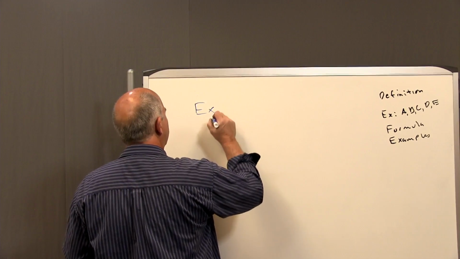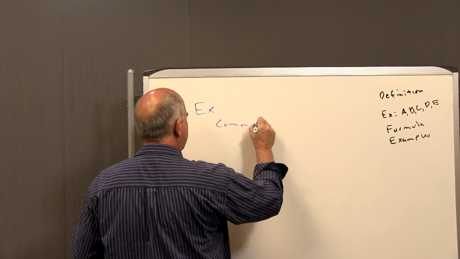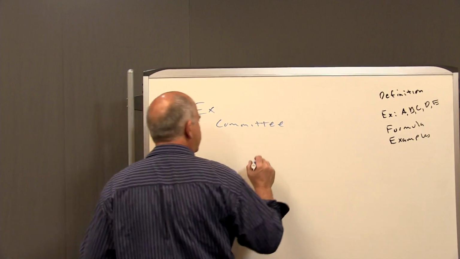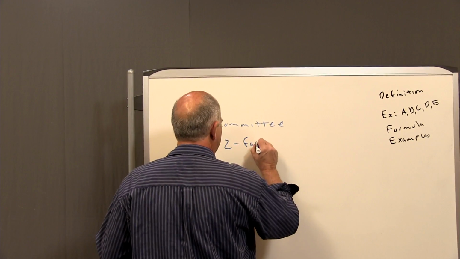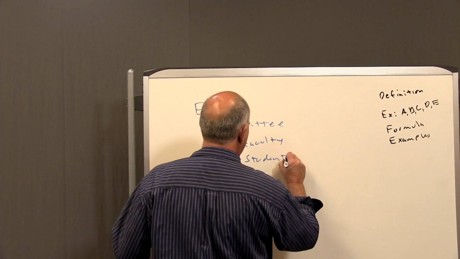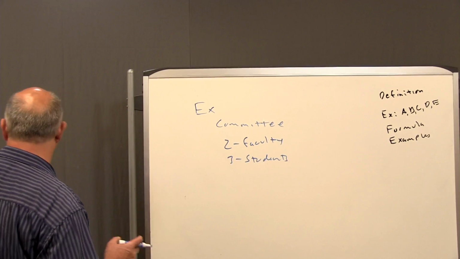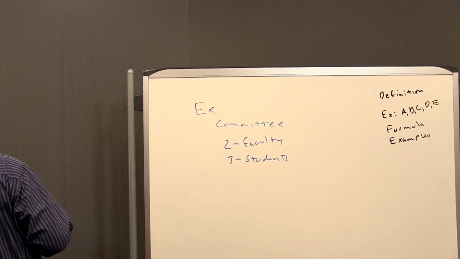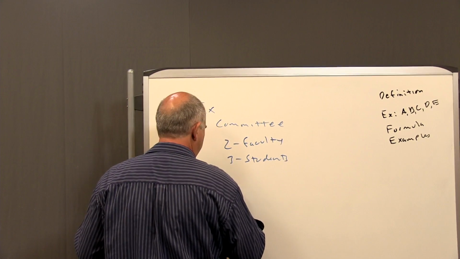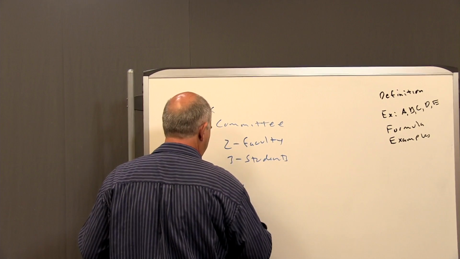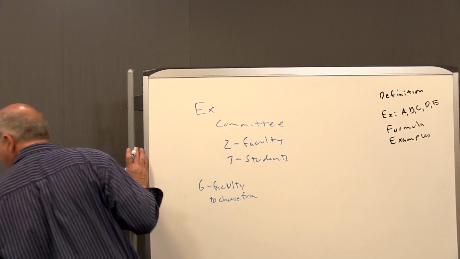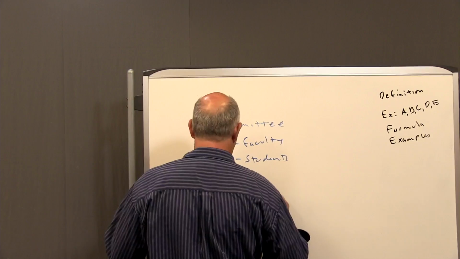So we're going to form a committee with 2 faculty members and 3 students. And committee means that's probably a combination. And we have 6 faculty to choose from. And I believe that it's 10 students.